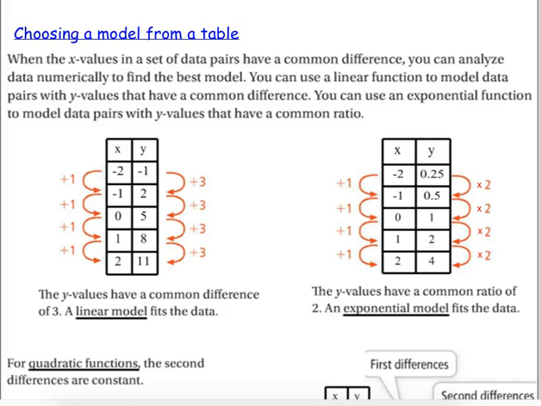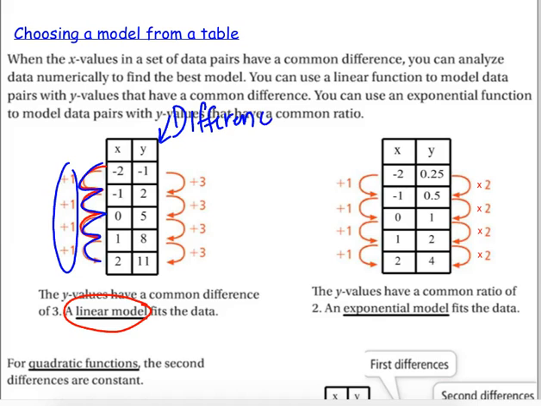So this first example here is a linear model. And I think it makes the most sense because look, they're always going to usually go by ones in your x column. Do you guys see that? I'm just increasing by 1. And then if I go to my right side, my y values, what's my difference? How much am I increasing by?